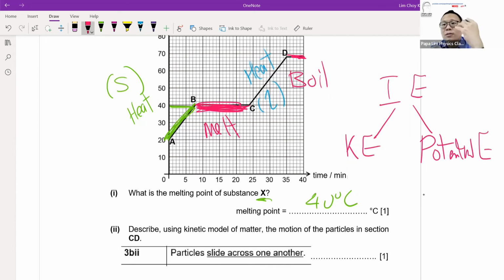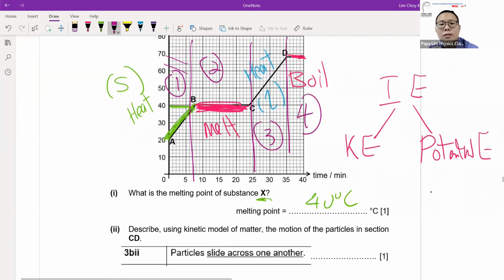So what are the detailed keywords to write? I mentioned it in that topic, I think it's chapter 9, transfer of thermal property. I'll leave the description of the keywords in the video here for you to take a look. Because at each stage, A, B is what I call stage 1, B, C is stage 2, C, D is stage 3, and subsequently D will be stage 4.